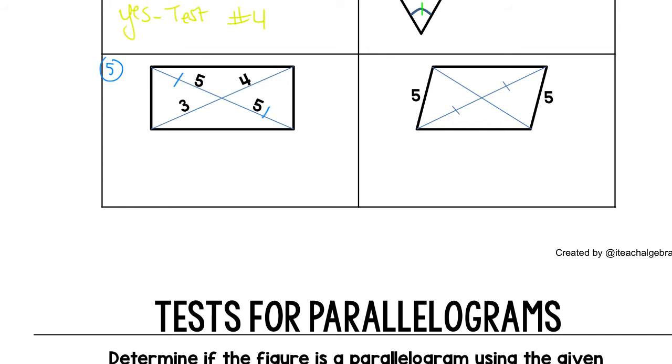The other diagonal, this one has a length of 3, and this one has a length of 4. So these two lengths are not congruent, which means this has not been bisected. So this is not a parallelogram because of test number three. Both diagonals have to bisect each other, not one or the other.